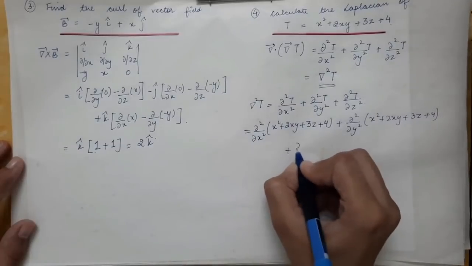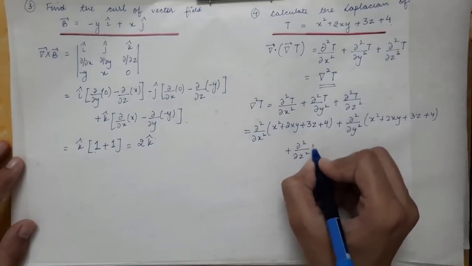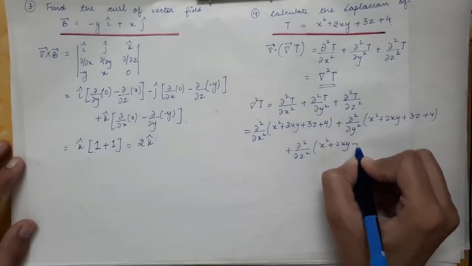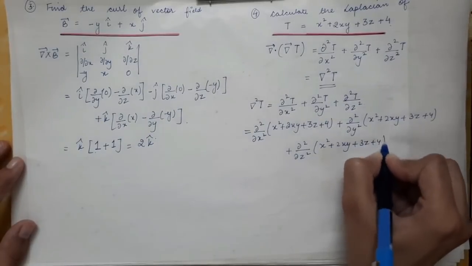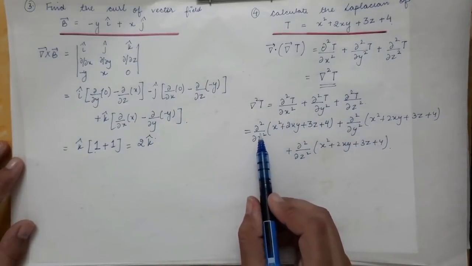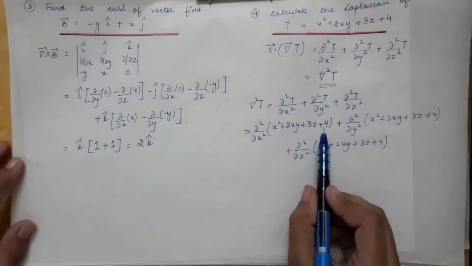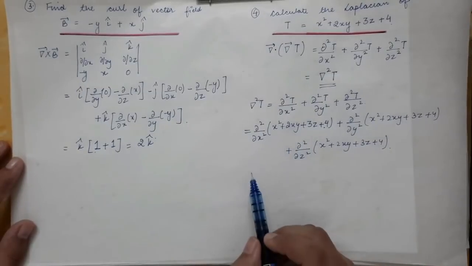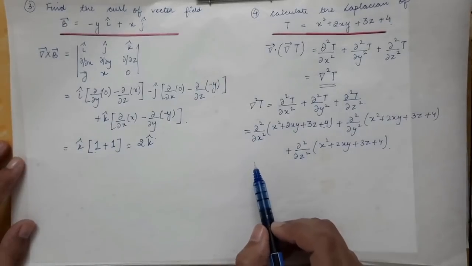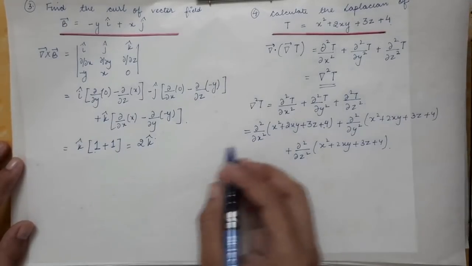Then we have del square by del z square of x square plus 2xy plus 3z plus 4. Now this is the double partial derivative. So first of all you will do the first derivative and then you will do the second derivative.